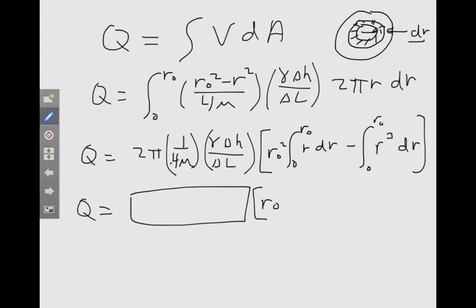R0 squared times R squared over 2 evaluated at 0 and R0, minus R to the 4th over 4 evaluated at 0 and R0.